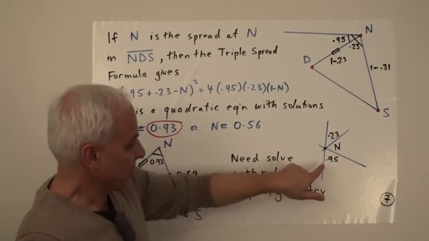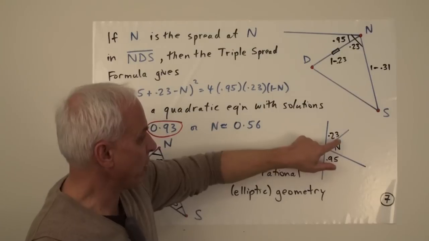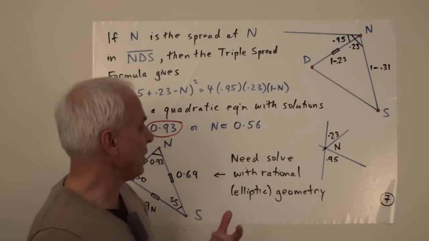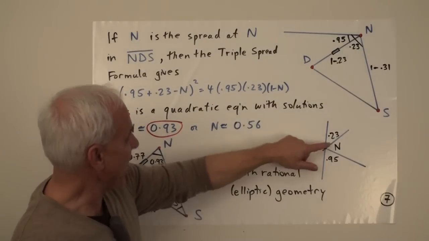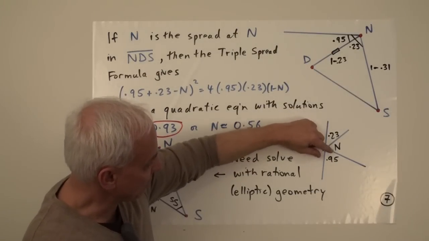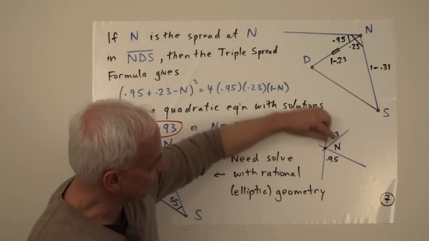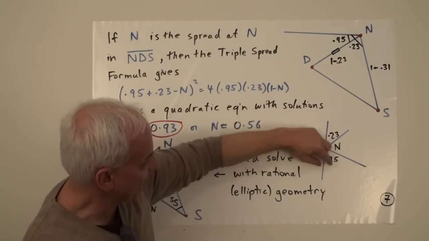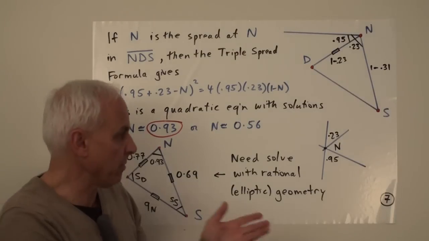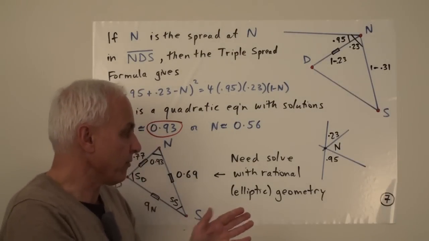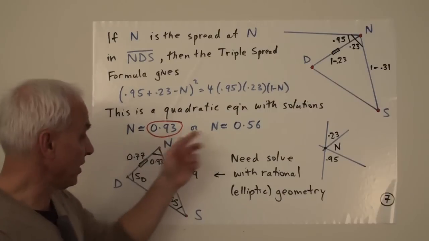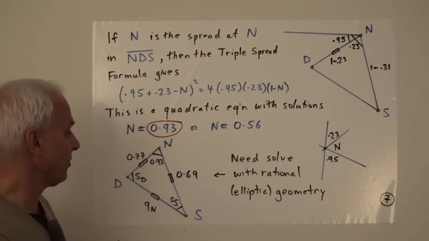We had 0.95 here, 0.23, and we're interested in this spread here. So a little bit of thinking shows that n has to be the 0.93 here. The other value would be when you take the 0.95 and subtract the 0.23, and you get a much smaller spread. So you have to look at the geometry and maybe apply some reasoning having to do with the configuration to determine which of the solutions you're going to use.